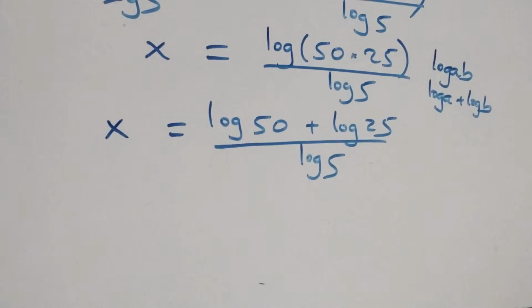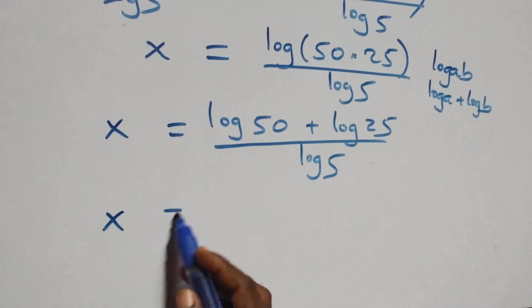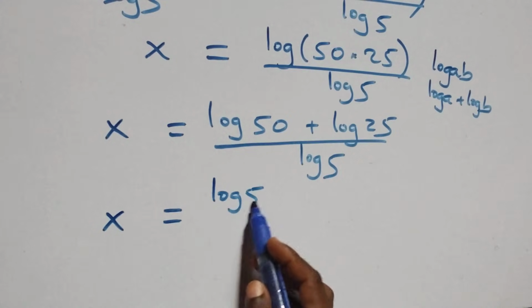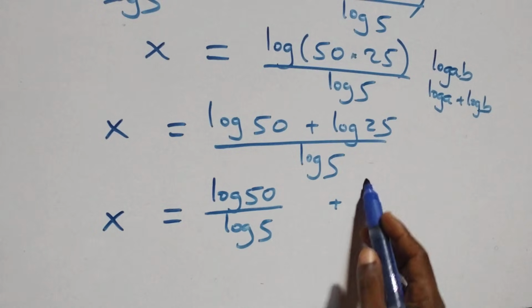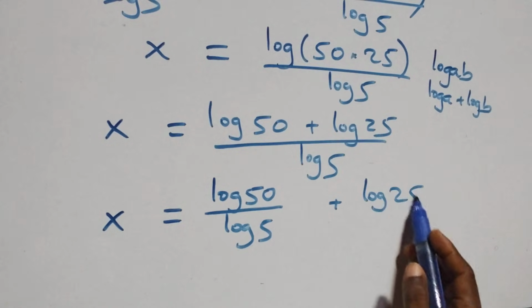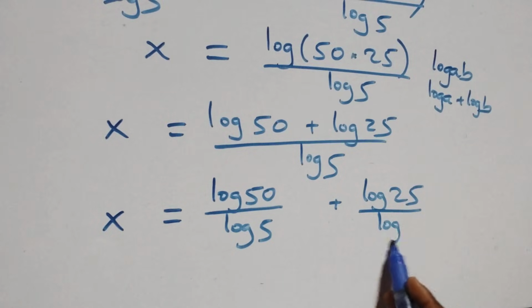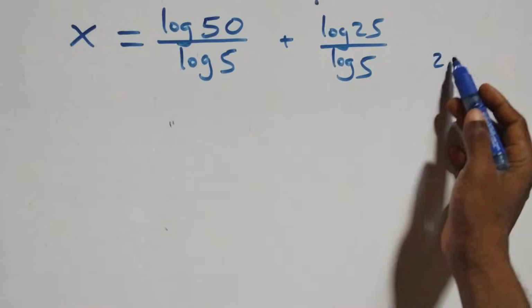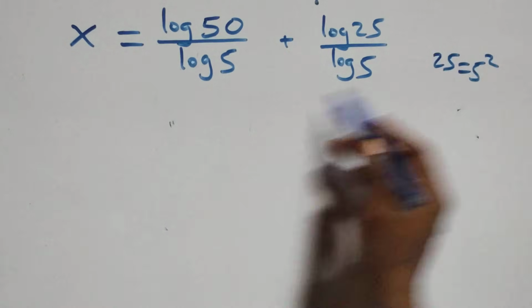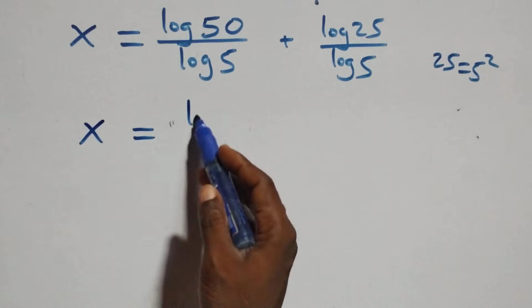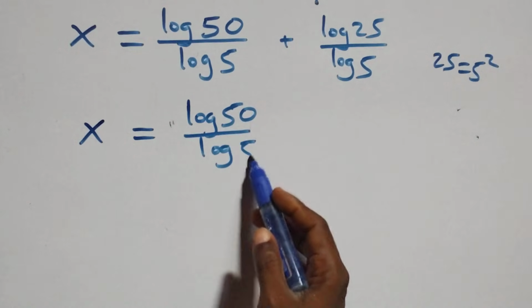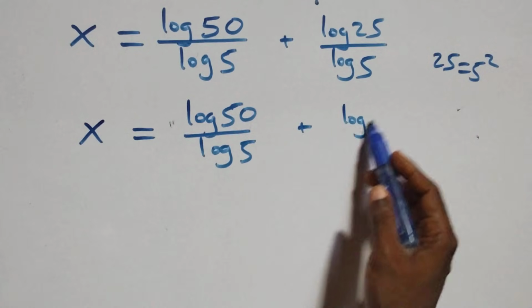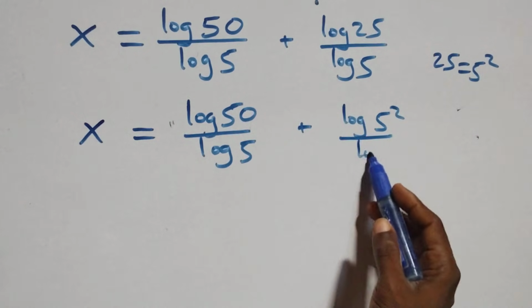Then here we separate this into two fractions, as we have x equals log 50 over log 5 plus log 25 over log 5. That is, here we can write 25 as 5 times 5, which is 5 squared. Then what we have becomes x equals log 50 over log 5 plus log 5 squared over log 5.